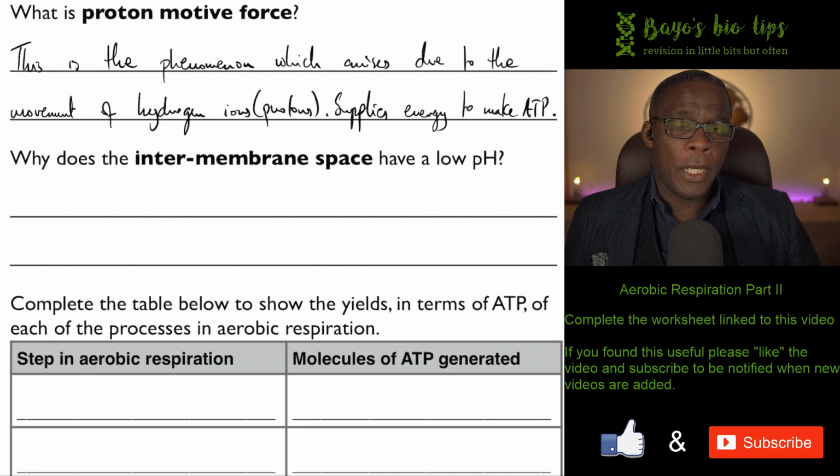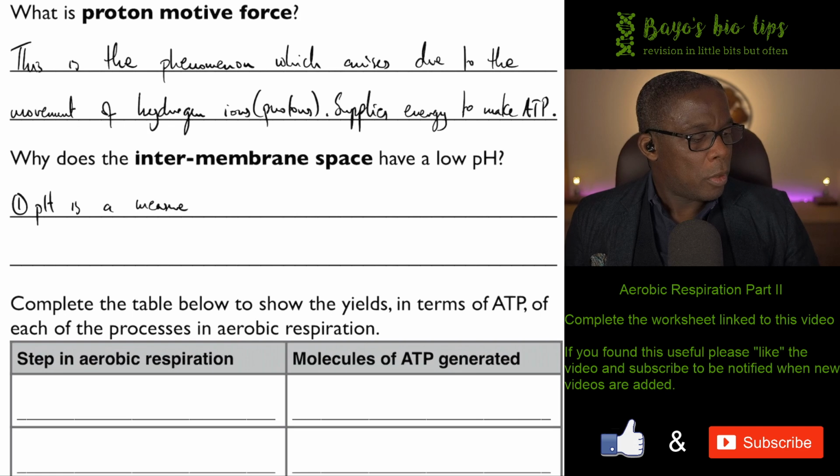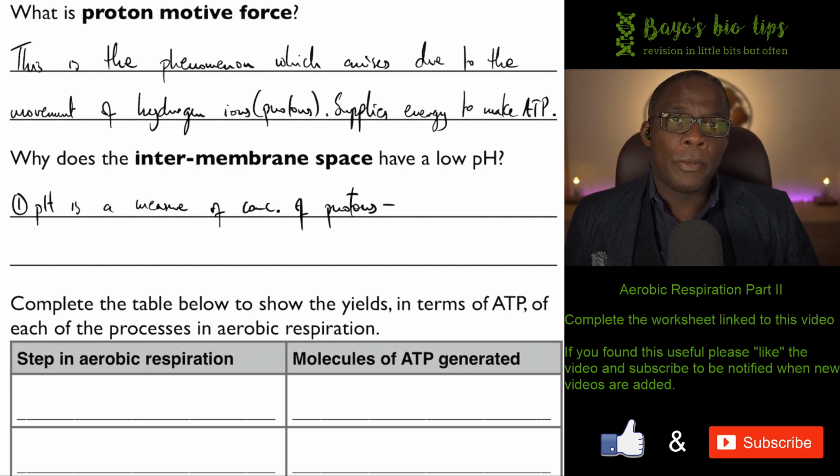Okay, so why does the intermembrane space have a low pH? So why is it that in the mitochondria, the intermembrane space would have a low pH? Let's think about what pH is. So pH is a measure of the concentration of protons in essence, but it's a negative figure, so it's actually equal to minus log of hydrogen ion concentration.